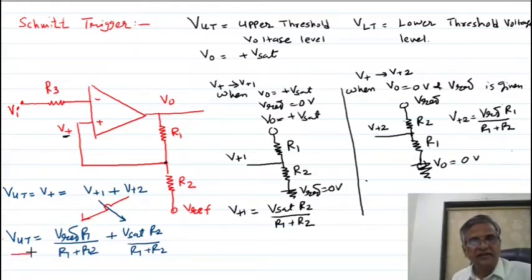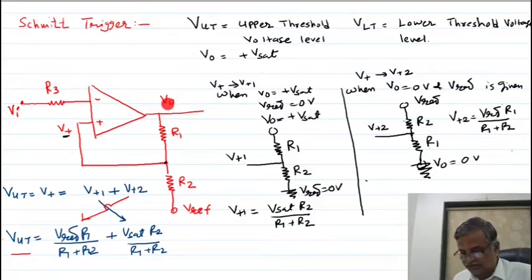Listen again. I want to calculate the value of the upper threshold voltage and lower threshold voltage. If you want to calculate the value of this, you can use the superposition principle. Let us suppose your output voltage is plus Vsat. If the output voltage is plus Vsat, then positive voltage is there. So to calculate the voltage at this point, I have to use the superposition principle.